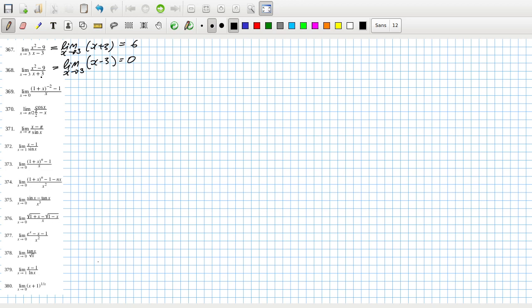No, that seems wrong. X plus 3, x minus 3, x minus 3. Oh yeah, you can't use L'Hopital here because it's not 0 on the bottom. Okay.